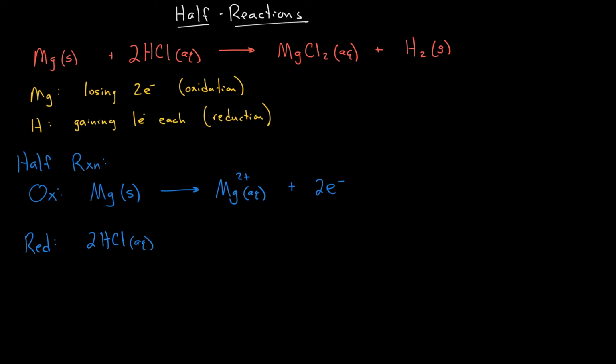And then we're going to understand that the hydrogen is the thing that is gaining the electrons. So it's gaining 2 electrons. So we're going to add 2 electrons here. And then we're going to draw the arrow and put down our H2 on the right-hand side. So that is what's going on with the oxidation and reduction half reactions.